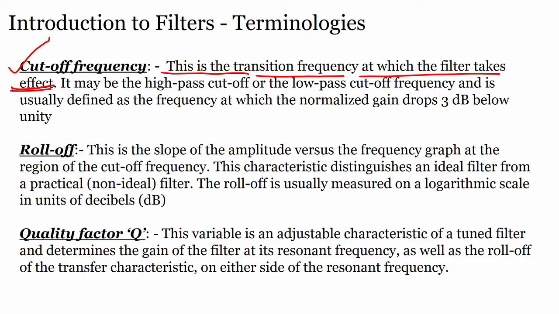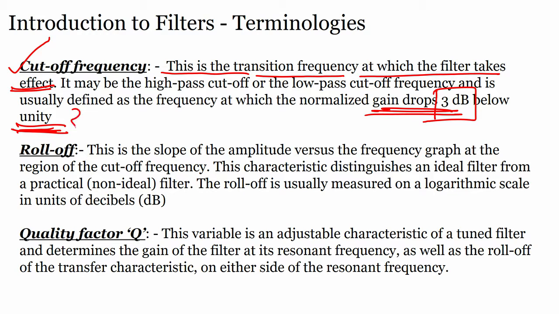It may be the high pass cutoff or low pass cutoff frequency and is usually defined as the frequency at which normalized gain drops 3 dB below unity. Very important, the same thing I told you in the theory, I am telling you again in the practicals, that is why you have to use the 3 dB below unity.